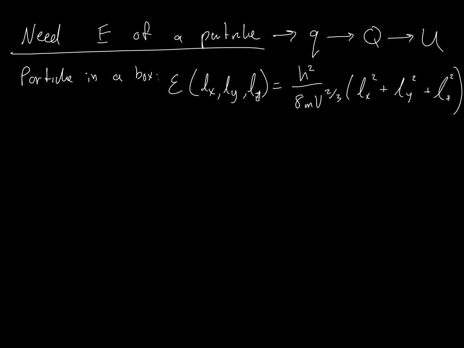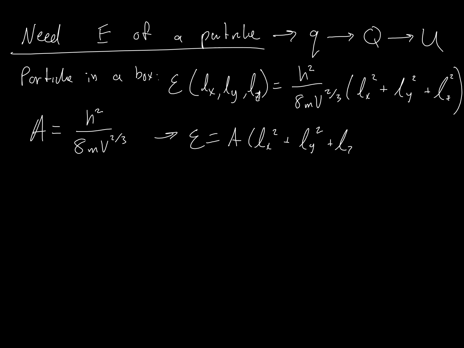If we were to translate this to a macroscopic scale, these would correspond to maybe velocity x, velocity y, velocity z. But at the quantum scale, you can't have continuous descriptors, so these have to be discrete integers. So for simplification, I'm just going to define this A as all of the gunk in front, 8mv to the 2/3, so that we can simplify our epsilon to A. It just makes the math a little bit less painful.